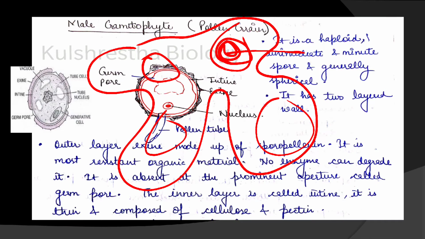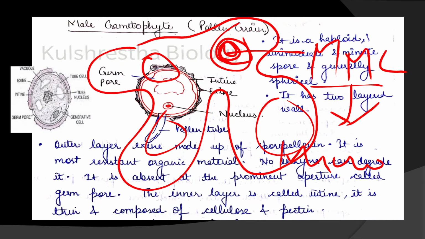This tissue has the potential to behave like microspore mother cell. Microspore mother cell will form microspore, then microspore develops into pollen grains. This is what we have learned till now.